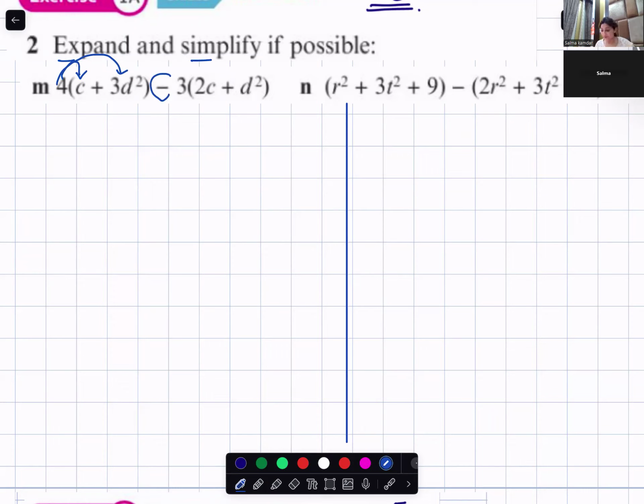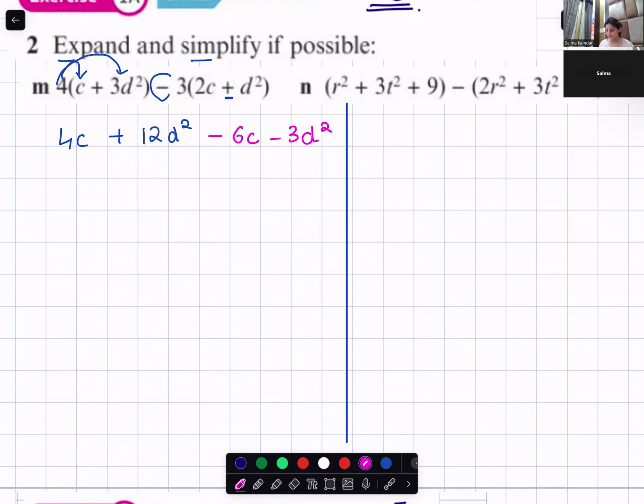Please be careful, this would change the signs inside. So it will become 4c plus 12d squared minus 6c minus 3d squared.